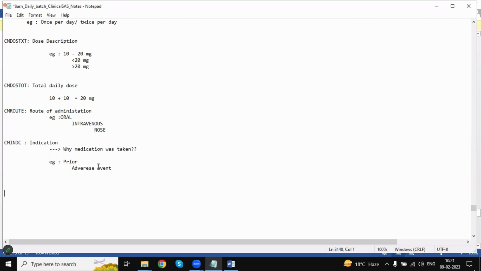So here the indication is adverse event. That's the reason this variable is important. The indication variable indicates why the concomitant medication is being taken. Okay, clear?